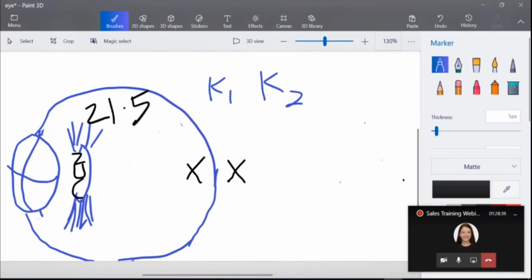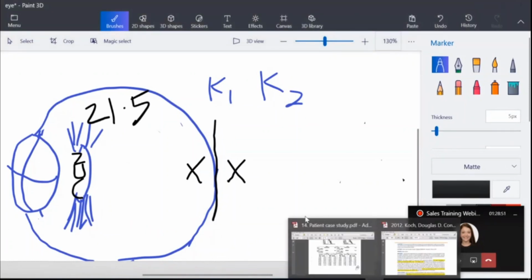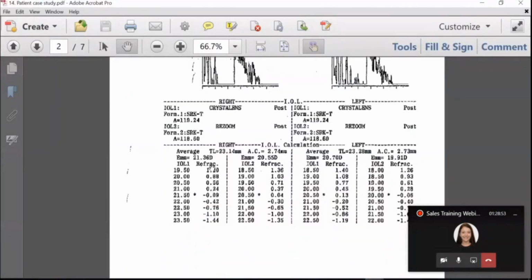Neither one of the focal points is on the back of the eye, but rather the spherical equivalent power. That is why when we look at the calculation here, this is always referred to as the spherical equivalent outcome, and this is the spherical equivalent IOL power that we're putting in.